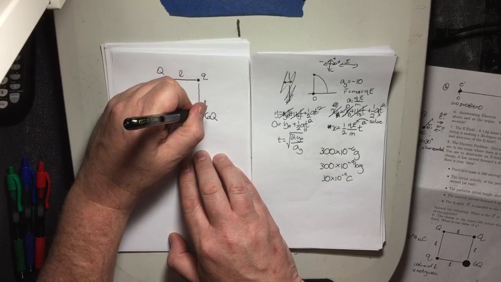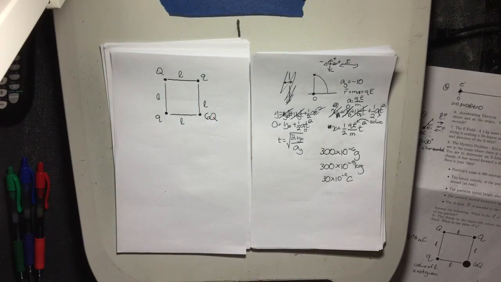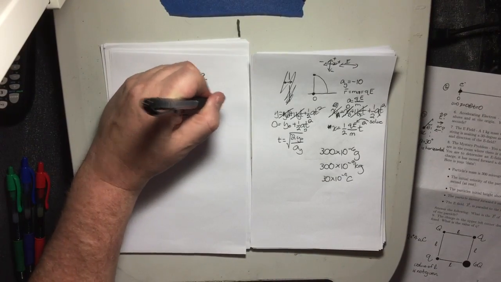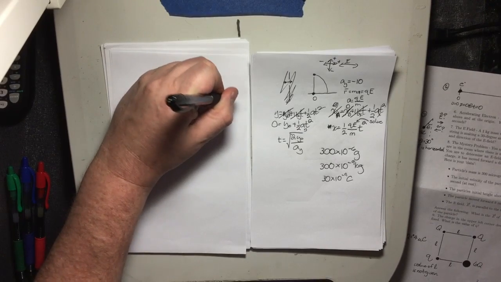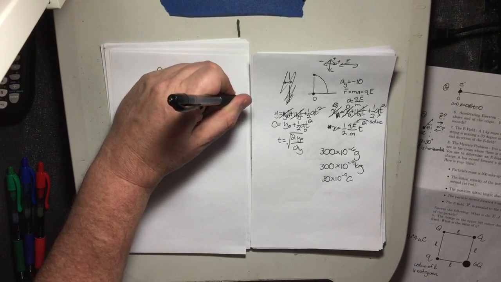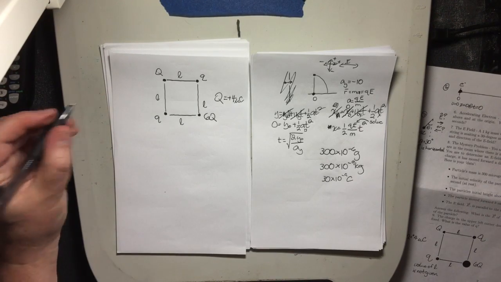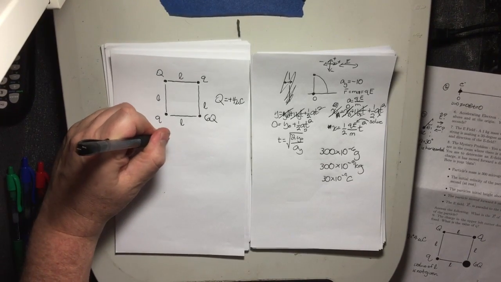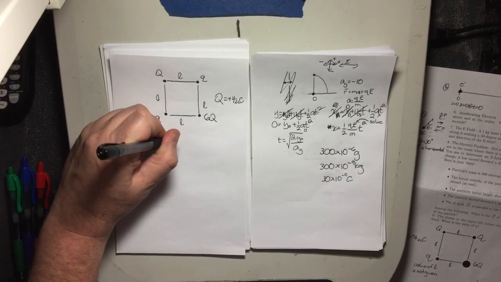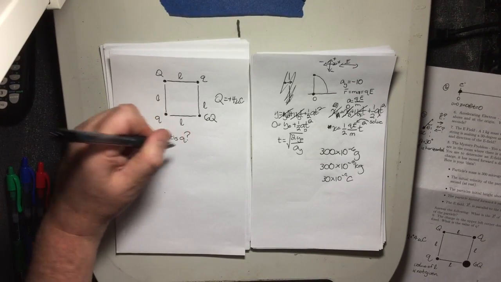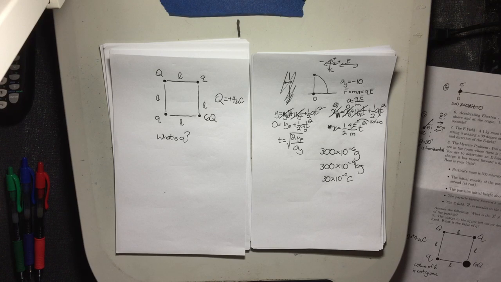That is 6Q, and the value of big Q is positive 4 microcoulombs. Question: what is little q? What is the numerical value of little q?